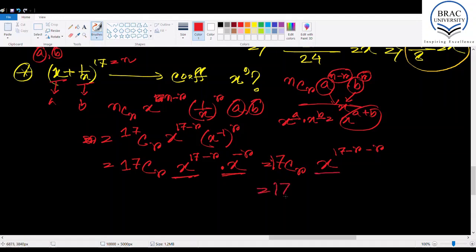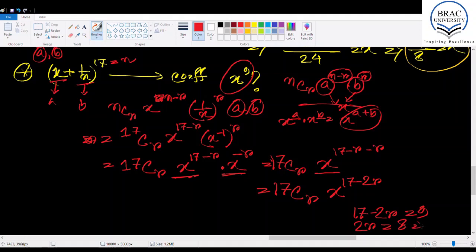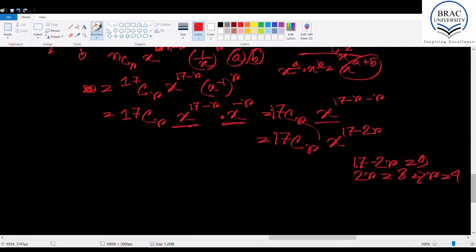So we will get 17cr x to the power 17 minus 2r. Now, which term's coefficient are we opting for? Determine here x to the power 9. So 17 minus 2r will be 9, 2r will be 8, or r will be equal to 4, right? So the coefficient will be 17c4. Okay, we got that.